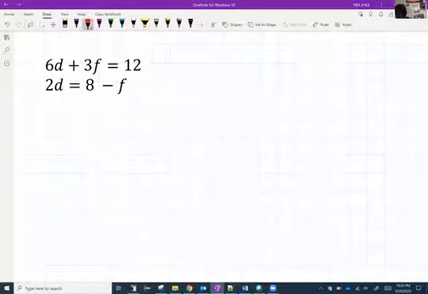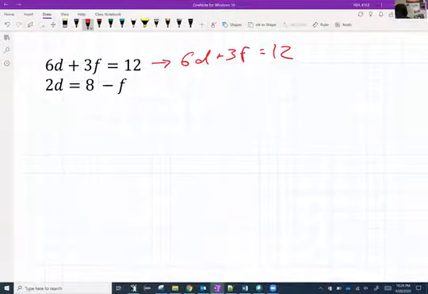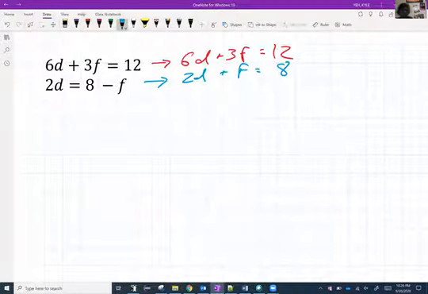Elimination. This first guy is in somewhat standard form looking. So the D and the F on the left, the constant on the right. The second one, I'm going to add F to both sides. Equals 8. So let's go ahead and maybe make the D coefficients match.